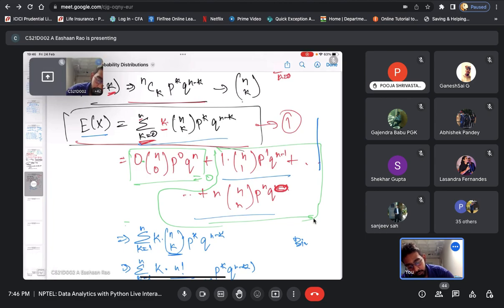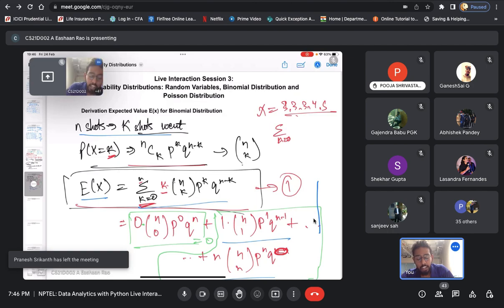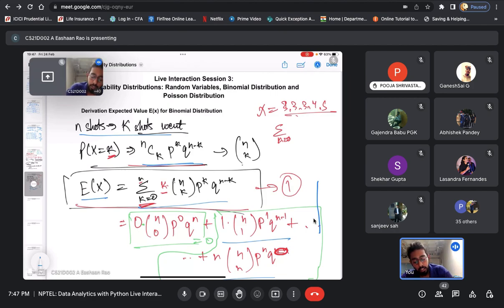Just a minute, I will show it one more time. So I started with this problem that I can make 10 shots in the basket, out of which k shots went in. So I need to find the mean of that. For finding any k shots at a particular instance, I may use the typical binomial distribution formula. But to find the mean, I will take a summation of all the case scenarios that I am having, just like how we do for a normal mean.